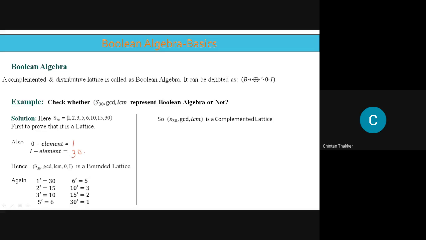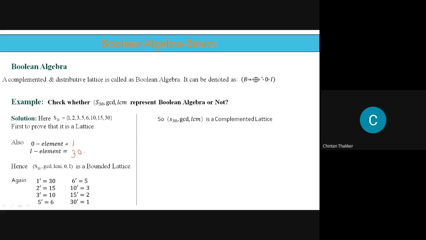In a similar way, 3 dash is 10, 10 dash is 3: GCD of 3 and 10 is 1, LCM is 30. Similarly, GCD of 5 and 6 is 1, LCM of 5 and 6 is 30. So 5 dash is 6, 6 dash is 5. So that means S30 is a complemented lattice.